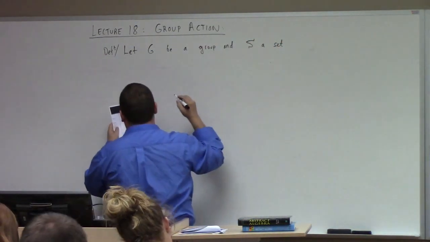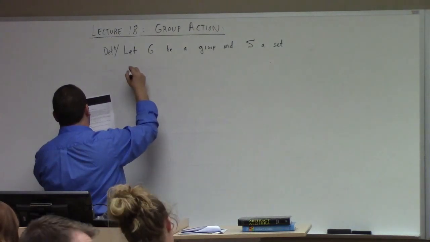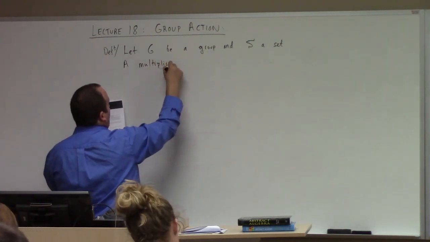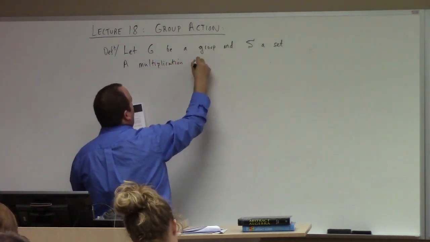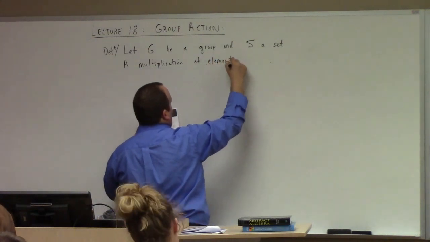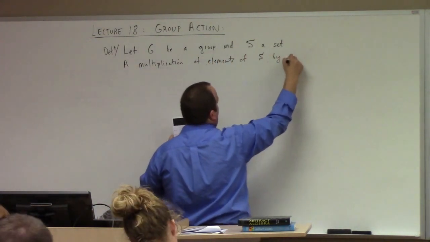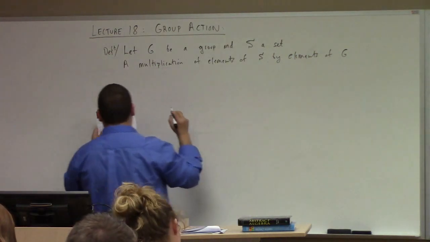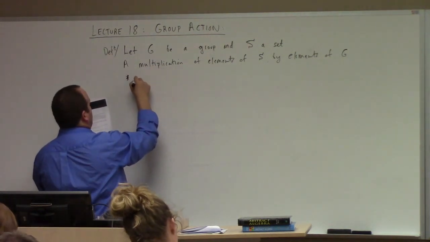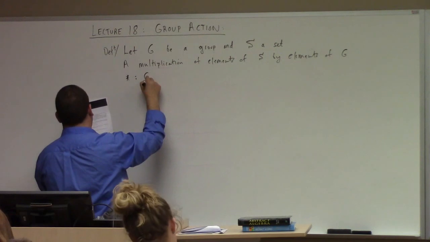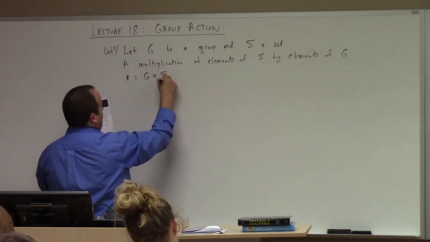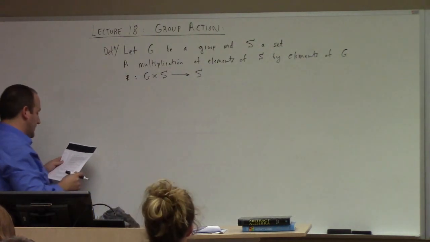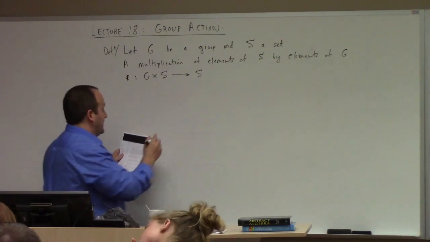A multiplication of elements of S by elements of G, in particular, a function, let's say star, a mapping from G cross S to S once more. So a function from the Cartesian product of the group and the set to the set again is called a group action.